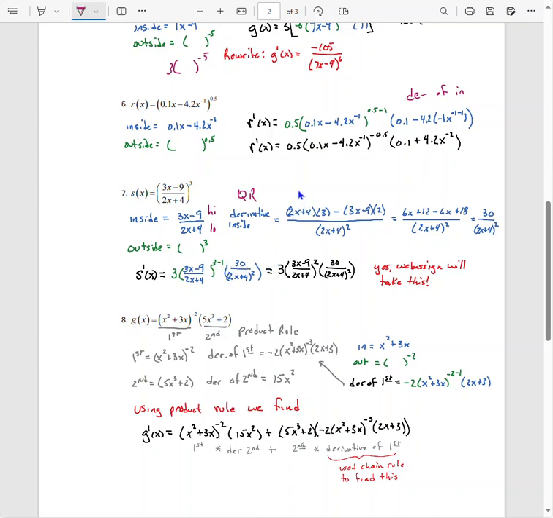The quotient rule says low, 2x plus 4, d high, so the derivative of 3x minus 9 is 3, minus high, 3x minus 9, d low, the derivative of 2x plus 4 is 2, all over low squared.